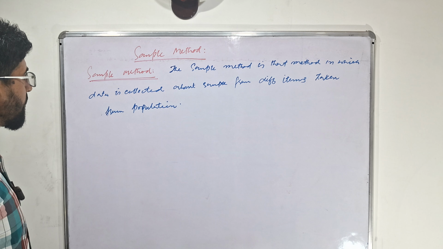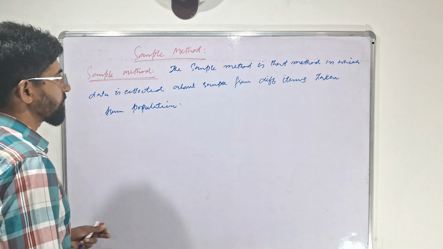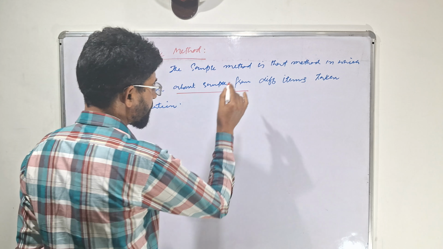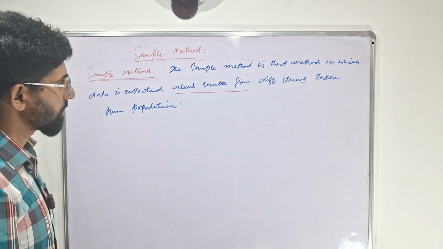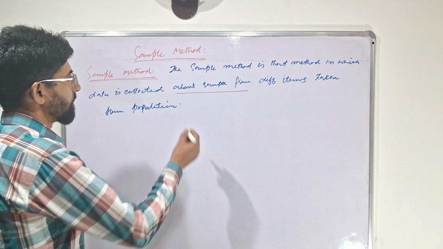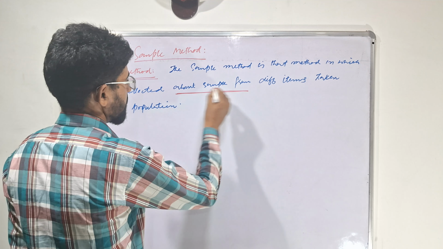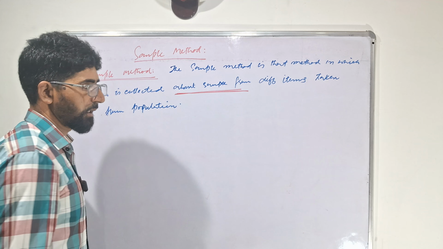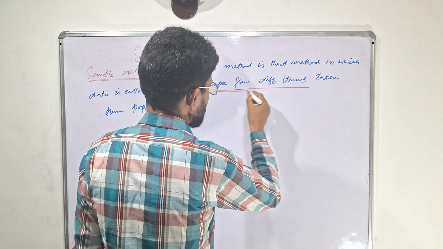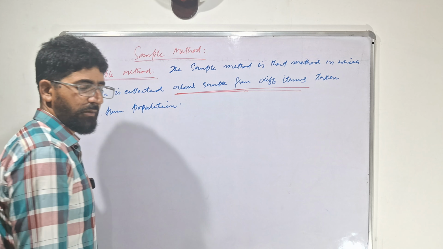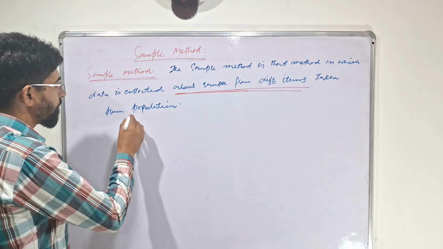In a sample method, data is collected about sample for which investigation needs information. About that sample, data is collected from different items. Means he has different items for investigation purpose taken from population.